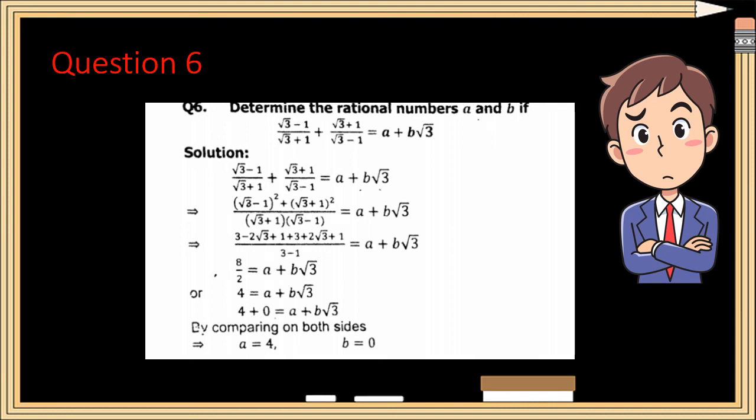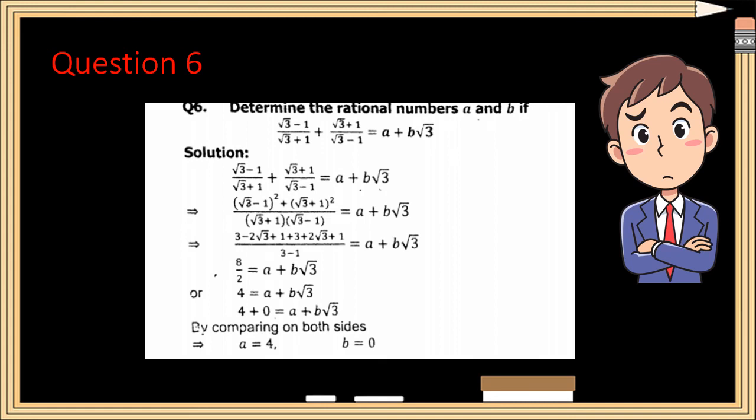So it will give you (a minus b) whole square, which is a square plus b square minus 2ab. Similarly, (square root of 3 plus 1) whole square will give you (a plus b) whole square, which is a square plus 2ab plus b square.